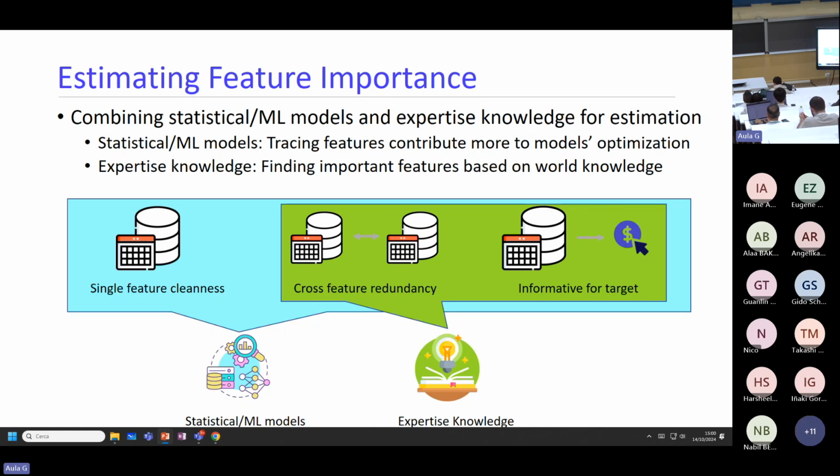We can quantify how much a feature impacts the model's predictions. This data-driven approach allows us to objectively rank features based on their contribution.